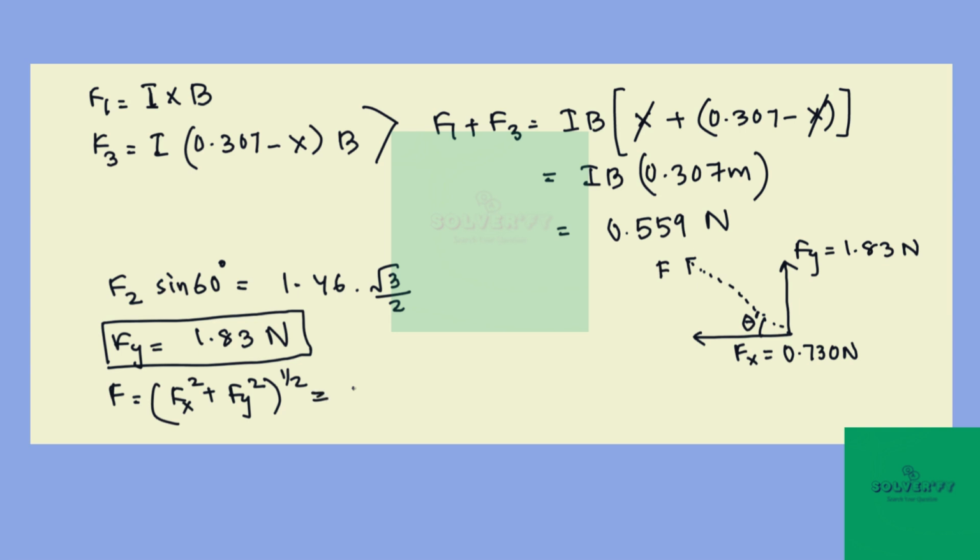And this comes out to be 1.97 Newton. And theta dash can be found from tan inverse of Fy over Fx. And this angle comes out to be 68.3 degrees. So now we have both the magnitude and direction of the net force that we want to find.